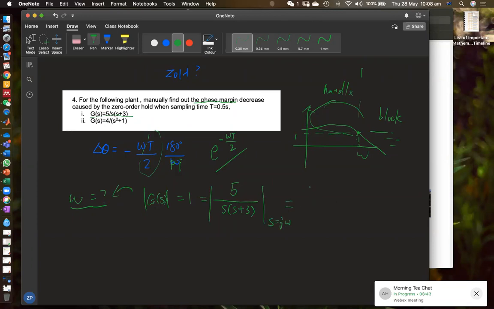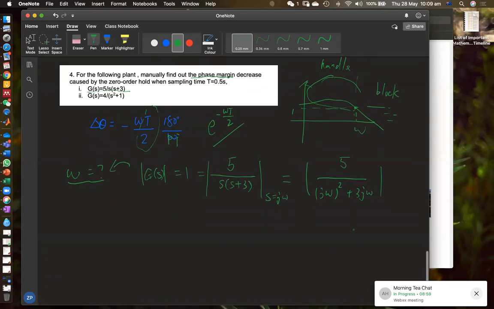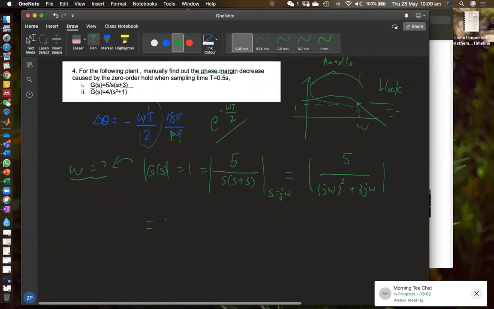Putting that in, s squared becomes j omega squared plus 3 j omega, and this is equal to 5. j squared equals negative 1, so this is negative omega squared plus 3 j omega, and this needs to equal 1.